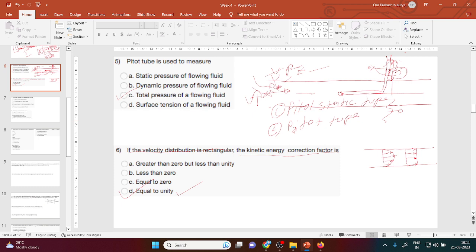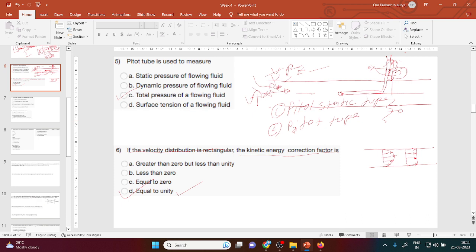I mean, the total kinetic energy is converted into pressure head. Yes, definitely. The kinetic energy is converted in terms of height and pressure also.